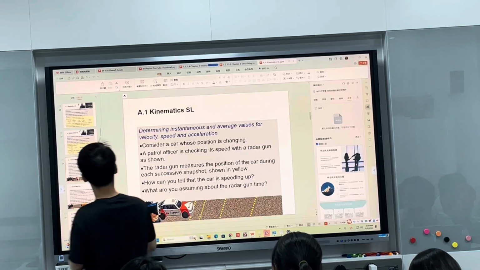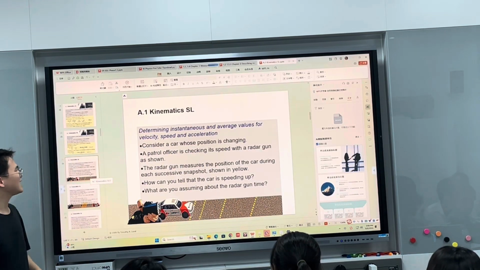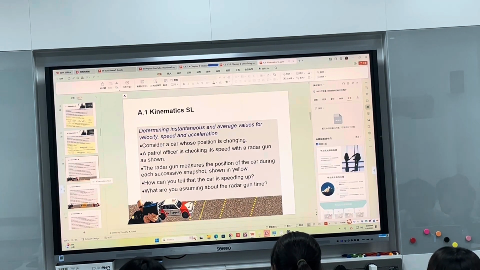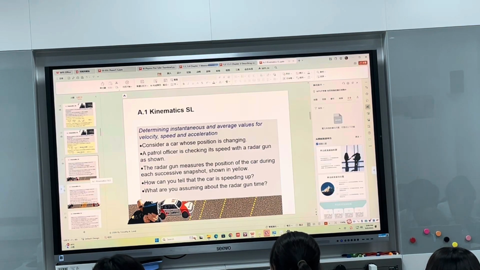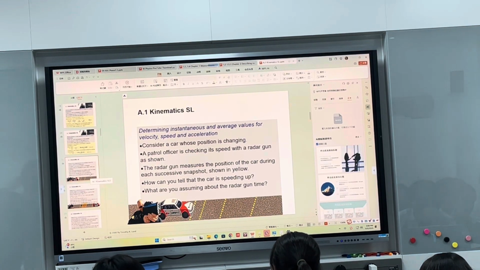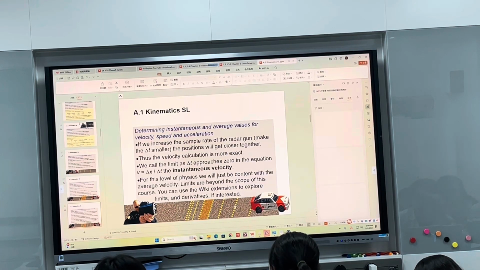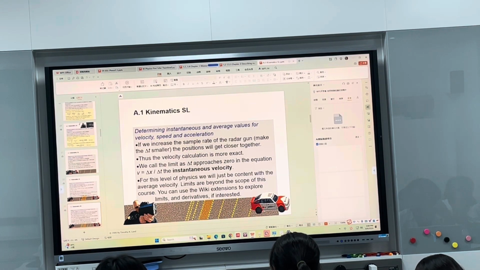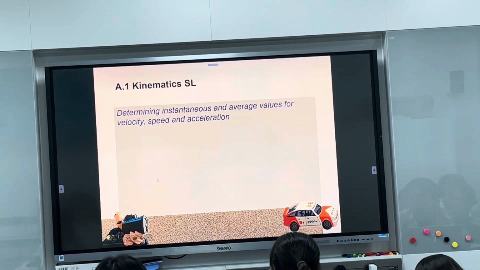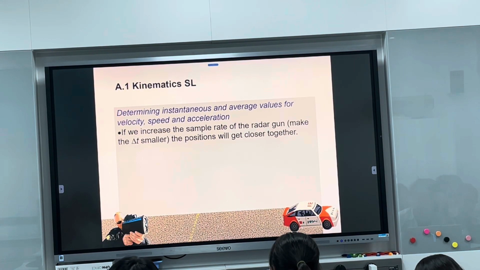Sorry. Okay, so that's a quick thing about instantaneous velocity. Basically, it's the same idea as average velocity, but with delta t infinitely small. Okay. All right. So here, some details to look at.